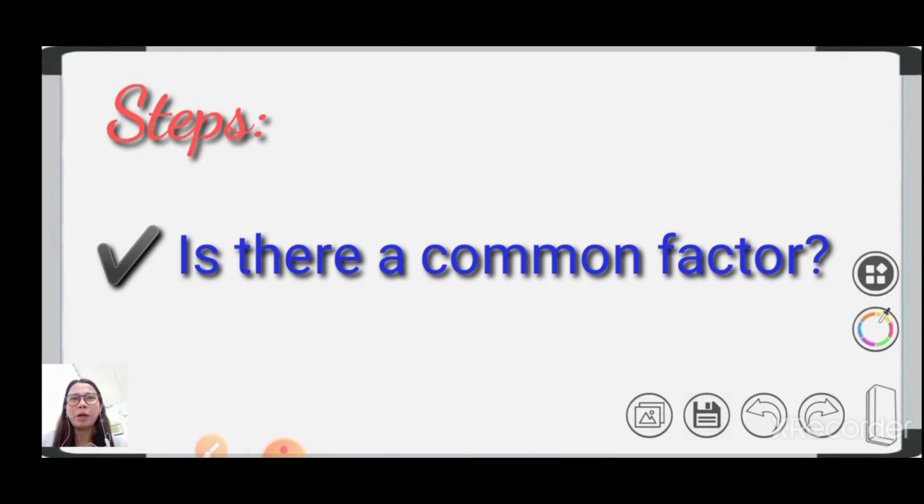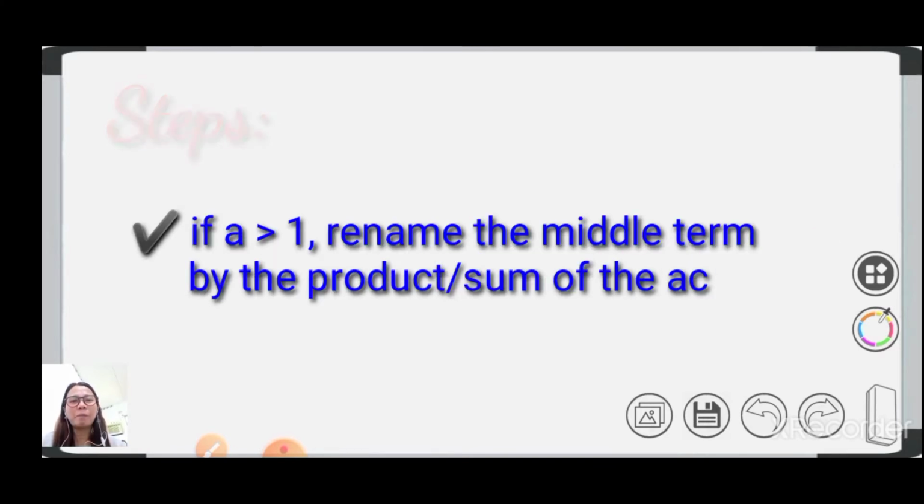So, kung meron, you should factor it first, then do not forget to write it in your final answer. And, syempre, if a is greater than 1, you should rename the middle term by multiplying the coefficient of x squared and the constant. Okay, so let's proceed.